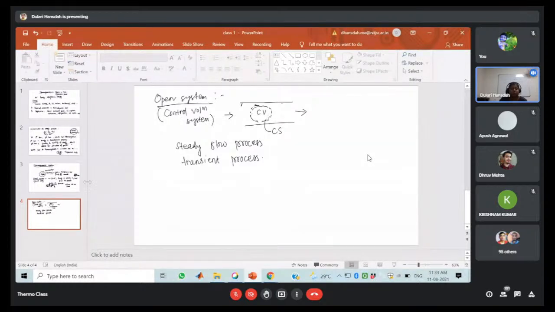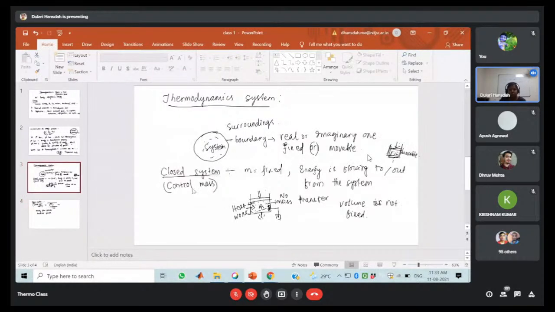In case of the closed system or control mass system, here we are considering a special case that is known as your isolated system. Isolated system means the system in which there is no mass transfer as well as no energy transfer.